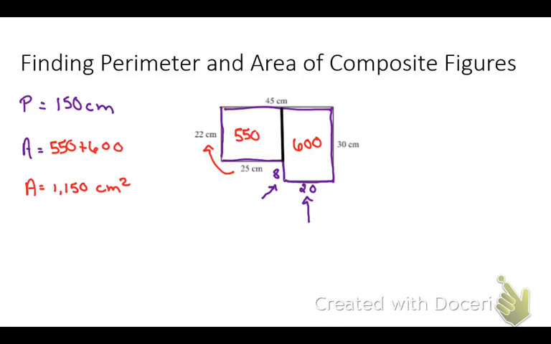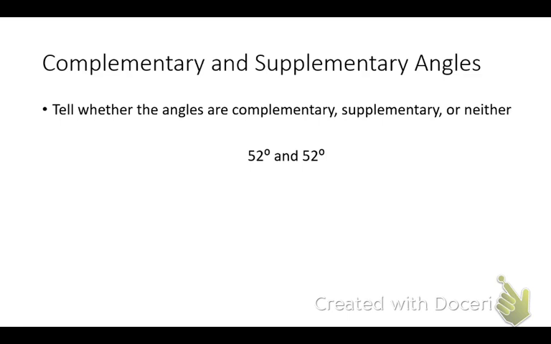All right, any questions? All right, so you've got a composite figure tomorrow. I want you to tell me if these angles are complementary, supplementary, or neither. You have a similar section on your test to what you saw on your quiz. You just tell me, are these two angles complementary, supplementary, or neither? Now, you have to show me the total. The total shows me that you're not just flipping a mental coin and guessing.